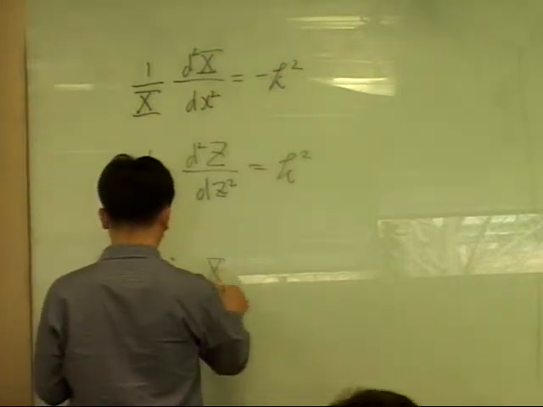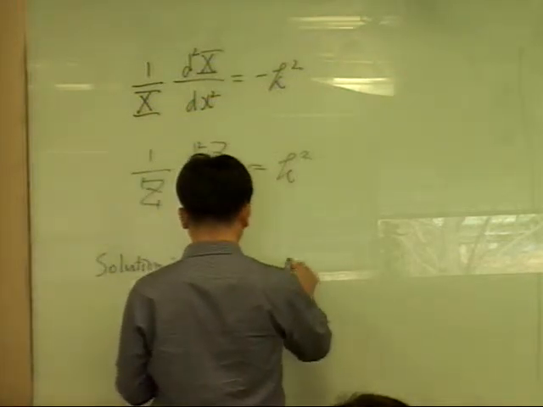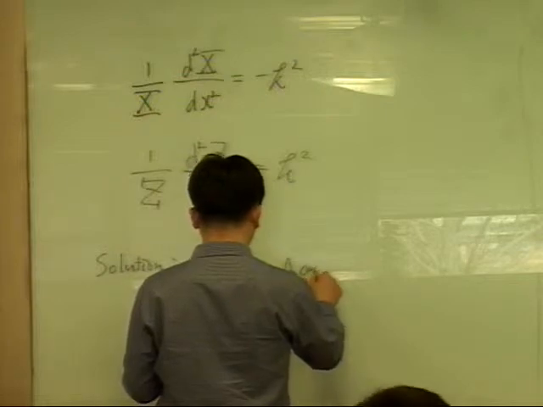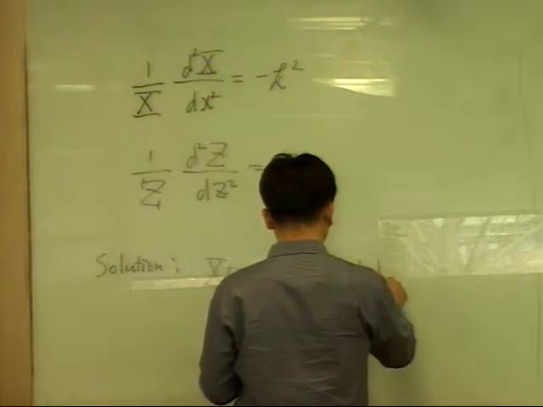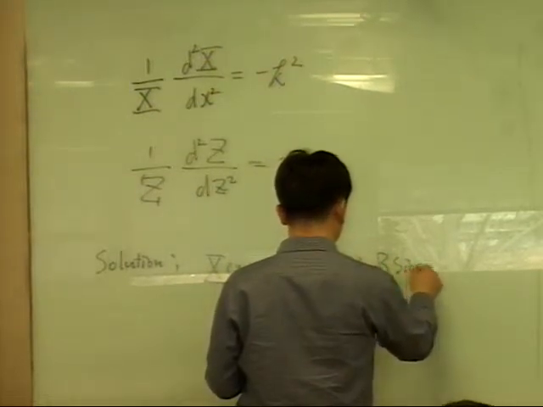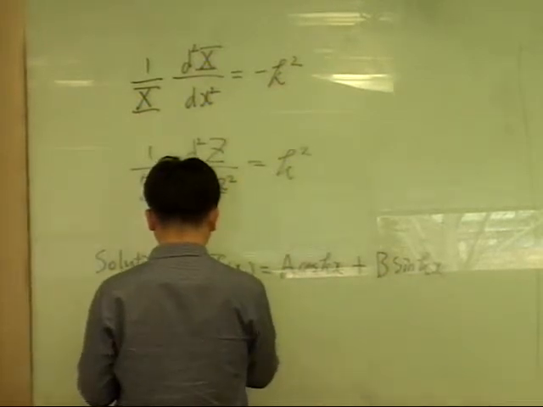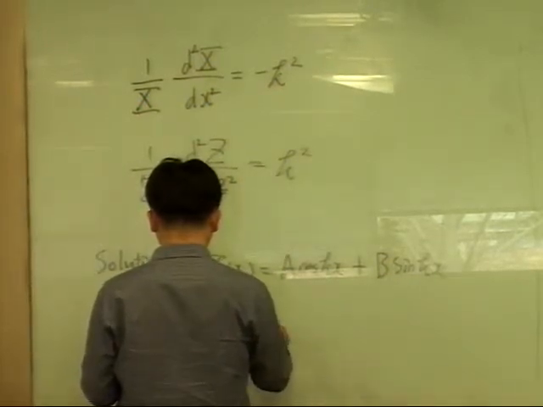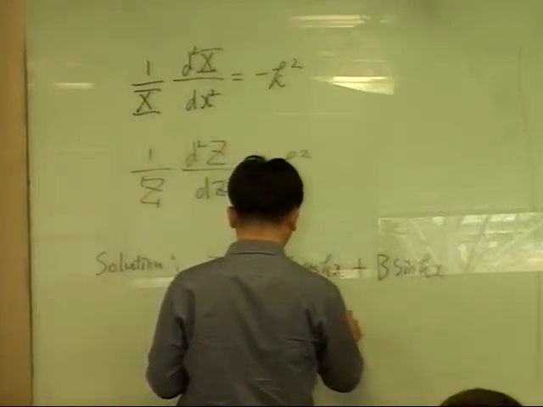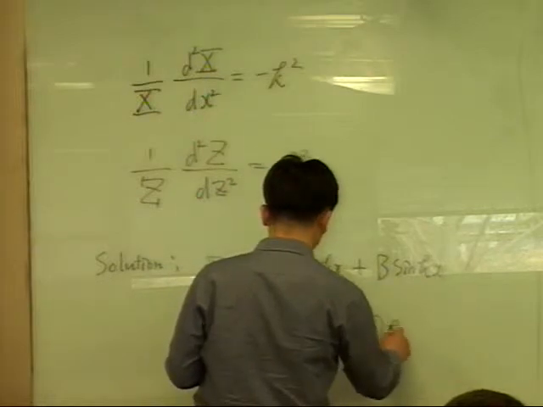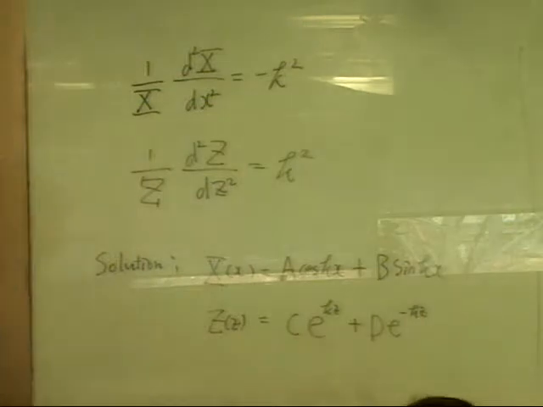X is A cosine kx plus B sine kx. Okay, G equals C exponential kg plus D exponential minus kg. Right? This is our solution.